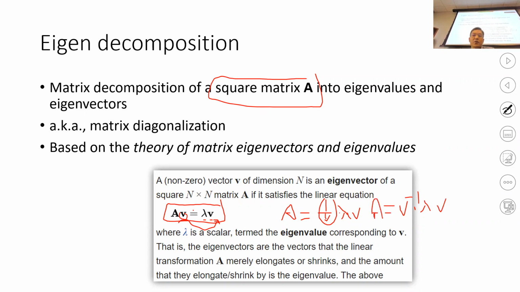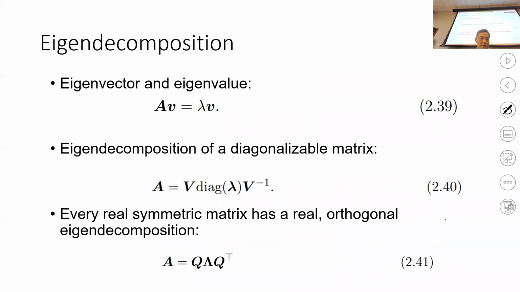Okay, so in this way, you move V from the left side to the right side, and you actually decompose your original square matrix A into 3 parts, but two of the 3 parts are the same, so only 2 are in there. So that's what your expression looks like at the end.